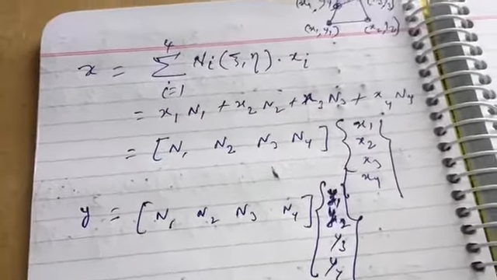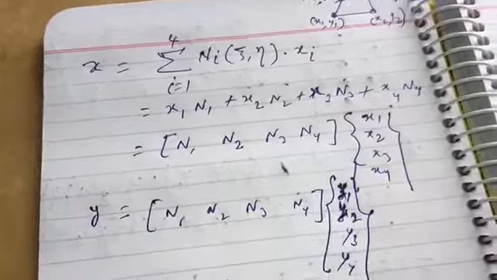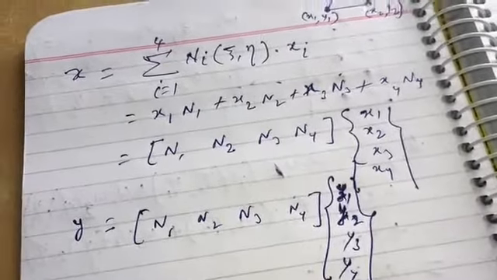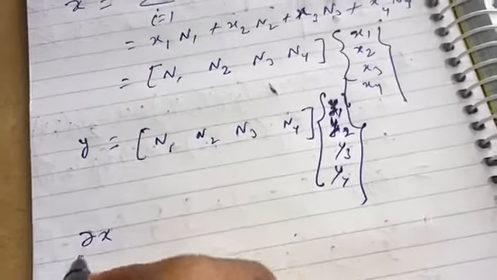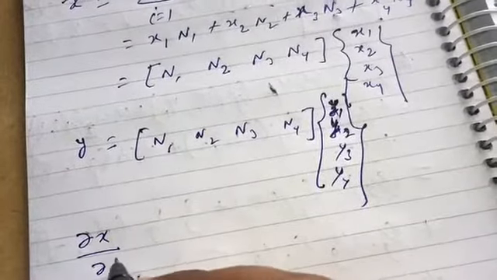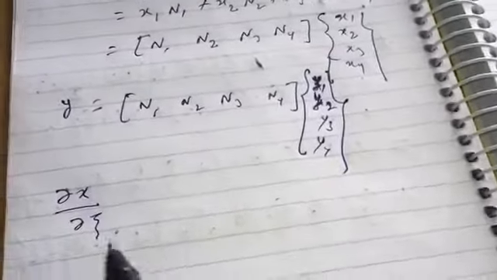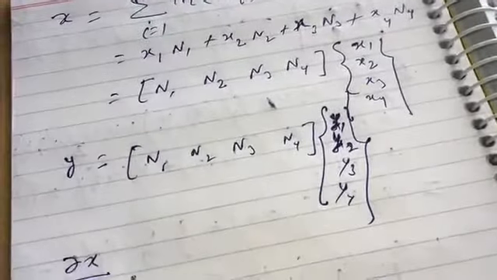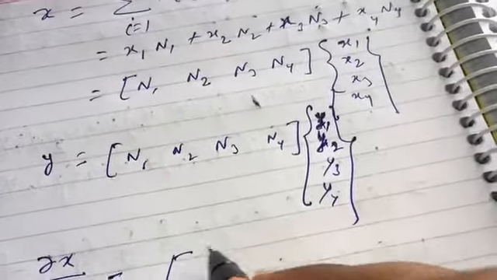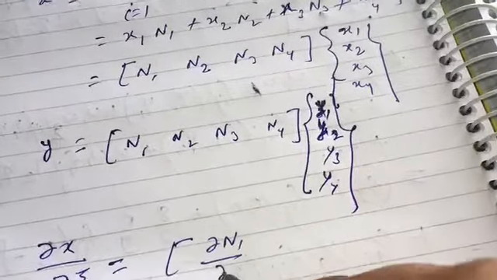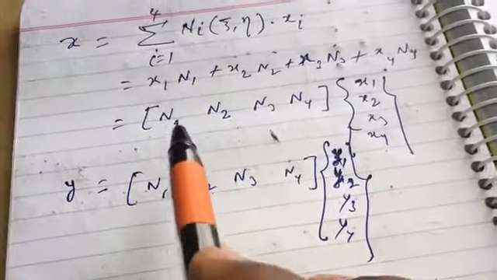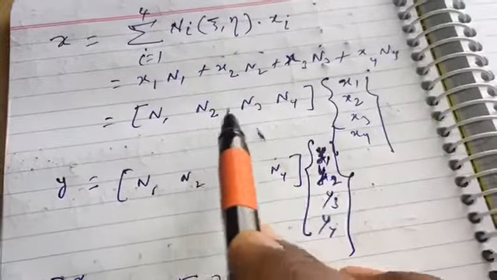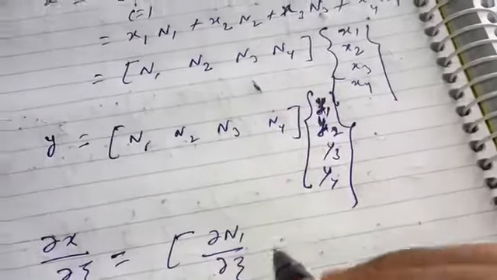Okay. So next we have to find out del x over del xi, because the Jacobian matrix has this term, so we will find out this one. So this will be equal to del n1 del xi, because only this is a function of xi and eta, so that's why.